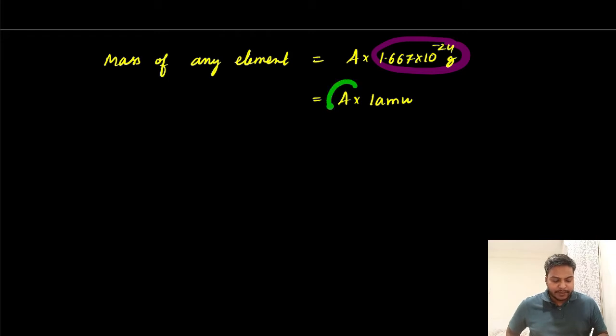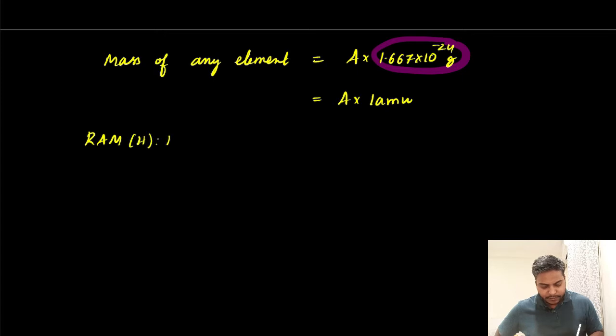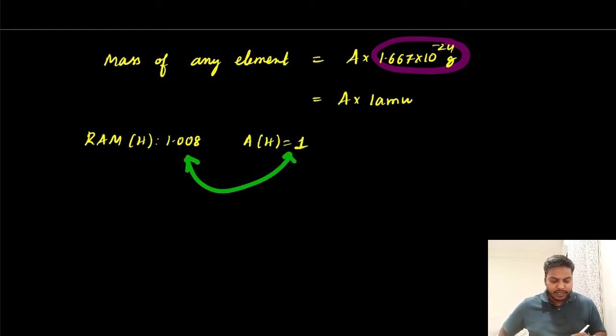And if you replace this mass number by relative atomic mass, you will also get the mass of the element, and the mass number and relative atomic mass are very close to each other in terms of their values. For instance, the relative atomic mass of hydrogen is 1.008, while the mass number of hydrogen is 1. So you can see these values are very close. So you can take either of those values and evaluate.